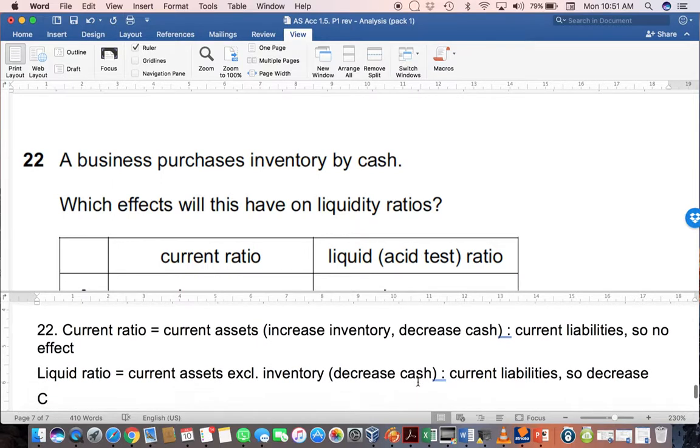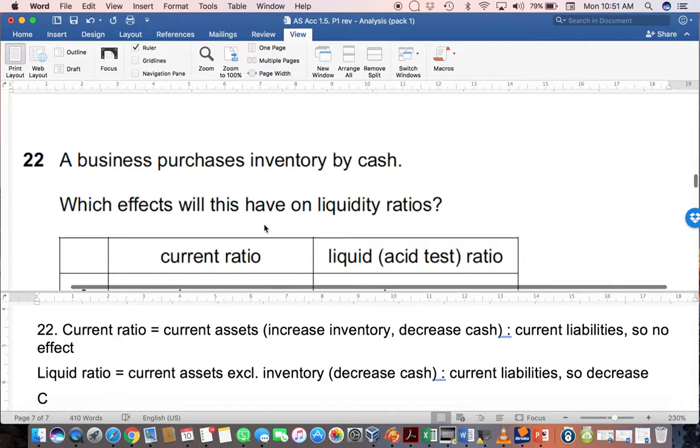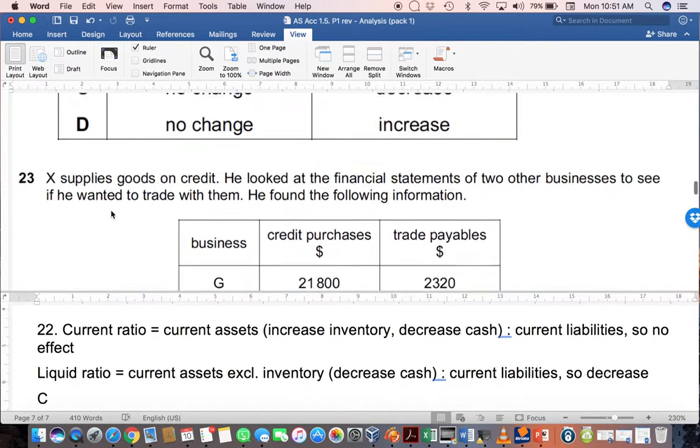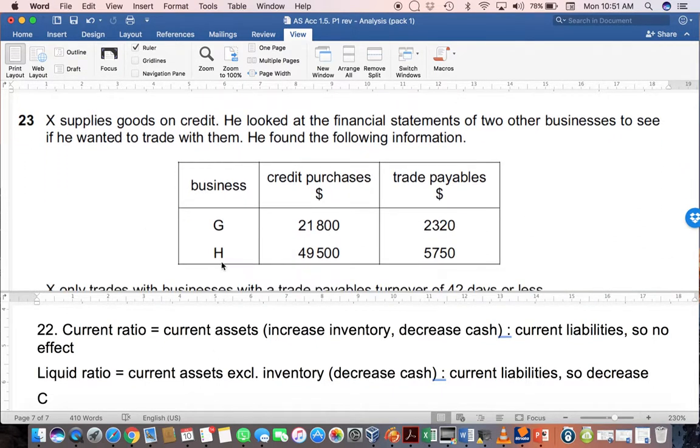And so therefore, if you purchase inventory, actually your liquid ratio will decrease. So you are looking for an option where your current ratio has no effect or no change and your liquid ratio decreases, and that will then lead you to choosing C as your answer.